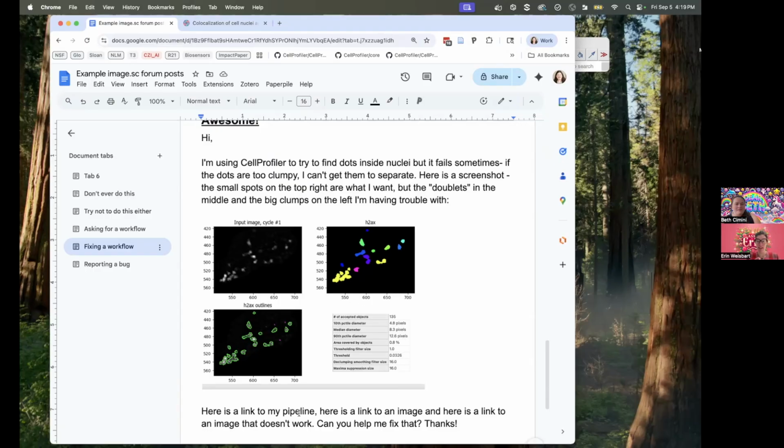Yeah. And even on top of this, I think this is a great example that's super descriptive, a great example of describing what's good and what's bad. But you can take that input image and even give us a little annotation, go into MS Paint or whatever, and draw circles around the objects as you would want CellProfiler to find them so that we can understand.